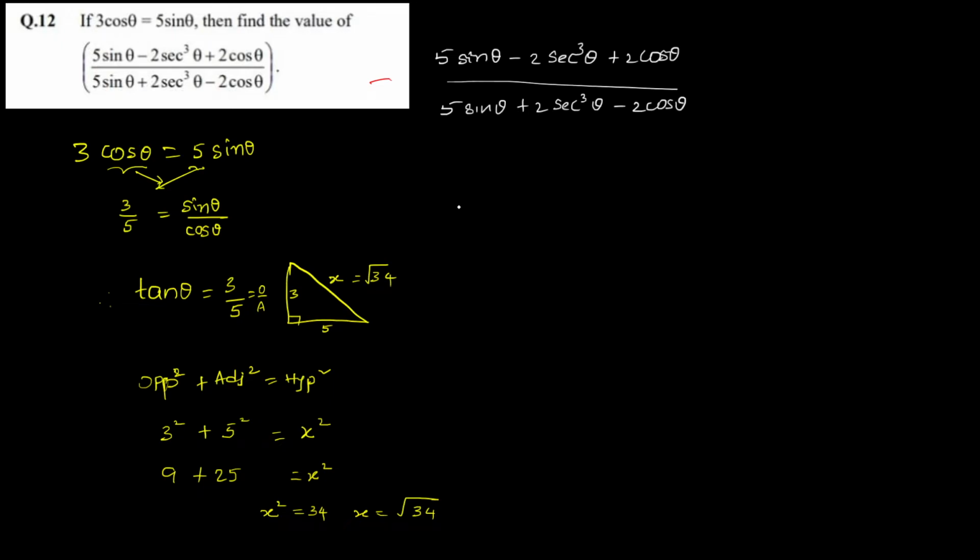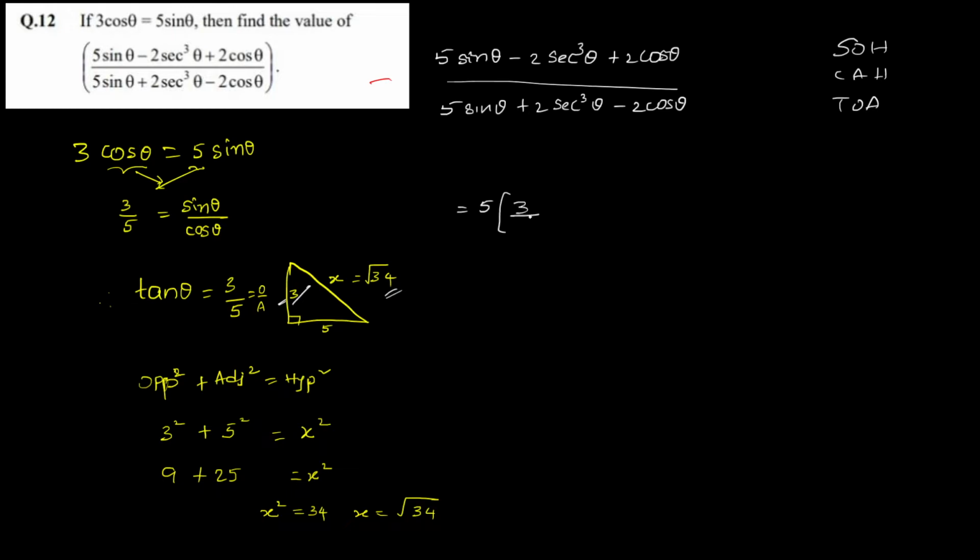That is equal to 5 into sin theta, whose value I can write as 3 by root 34, because sin theta is the ratio of opposite by hypotenuse. From this triangle, opposite is 3 and hypotenuse is root 34.